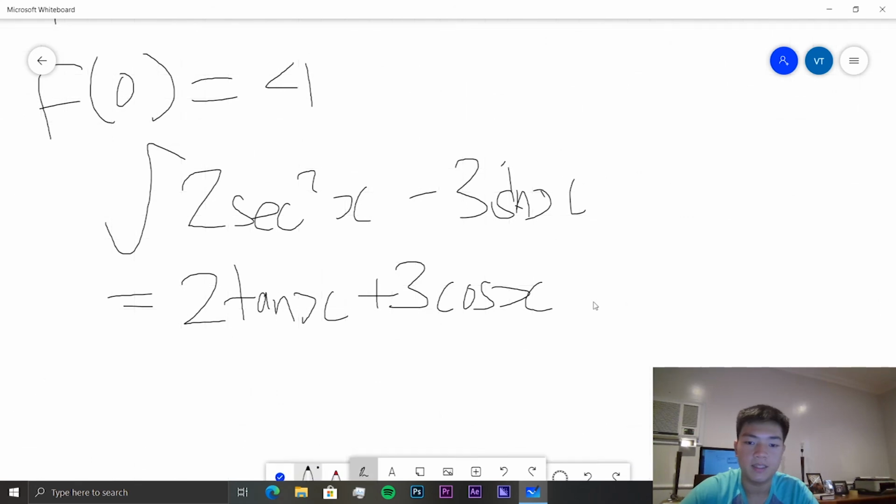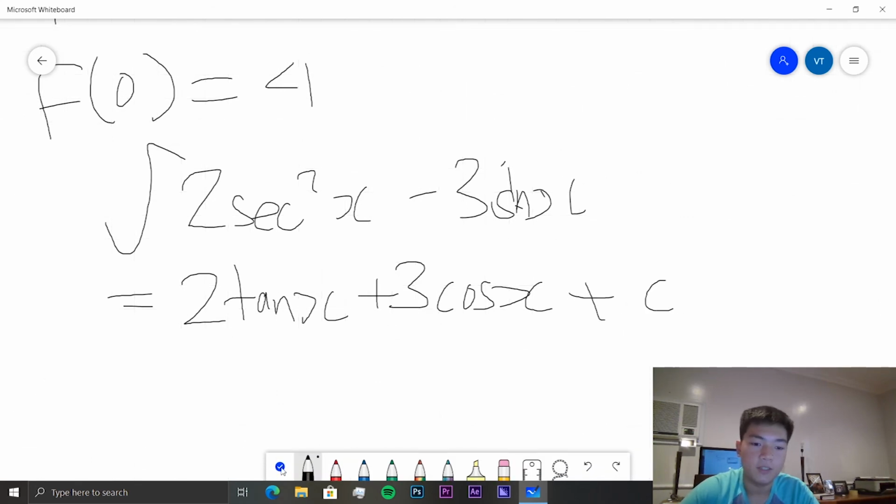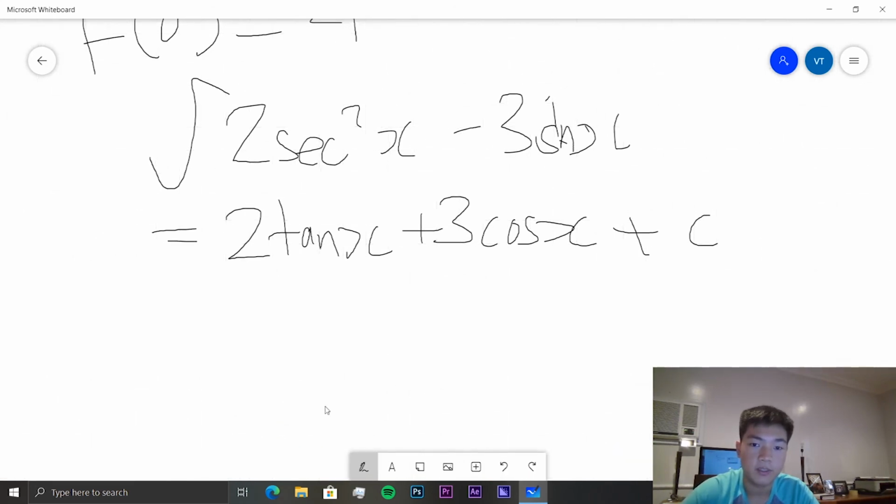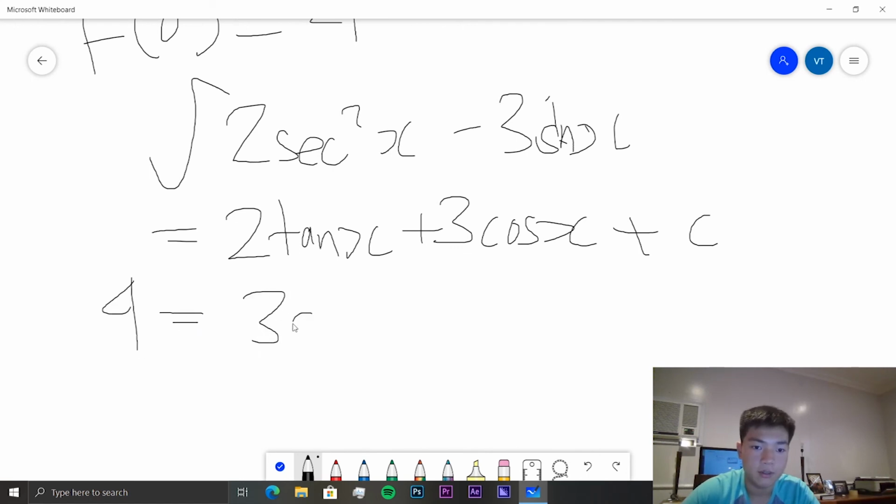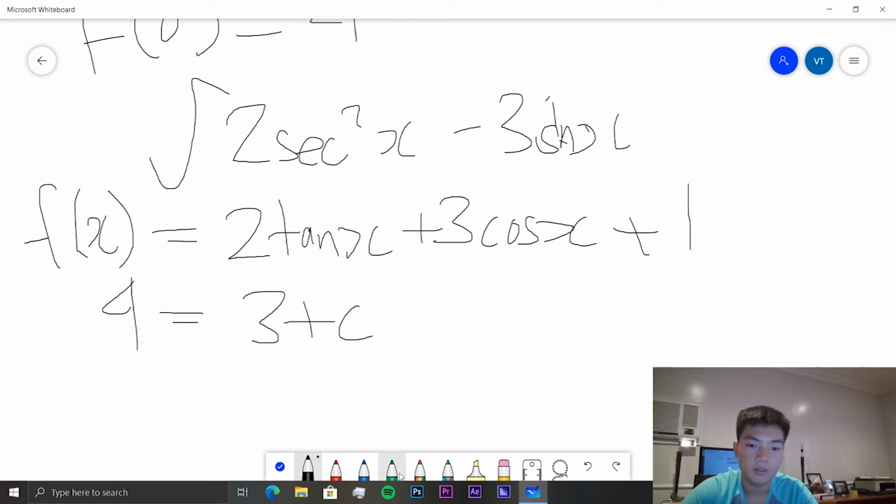So plus c. And we know that f of 0 is equal to 4. So effectively, 4 is equal to 3 cosine 0, which is 1, so 3 plus c. So c must equal 1. So we have f of x is equal to that.